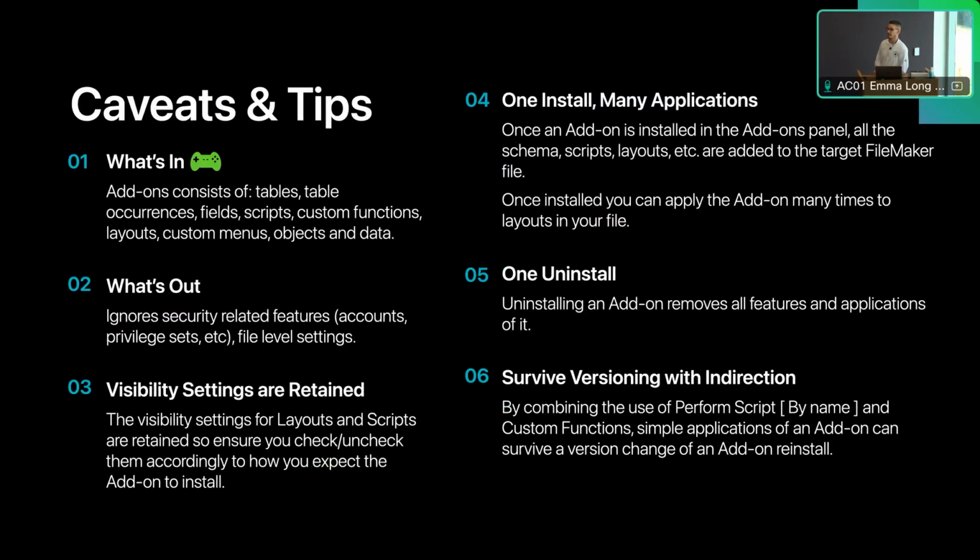This is where the power of add-ons is really compelling, is that pretty much any sort of FileMaker component you can think of is included. So custom functions, fields, scripts, all of the good stuff that we spend most of our days working on, that's all actually included. What's out is mostly security related and file level settings.